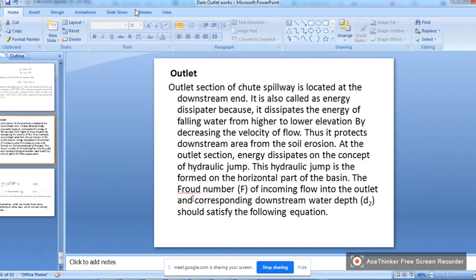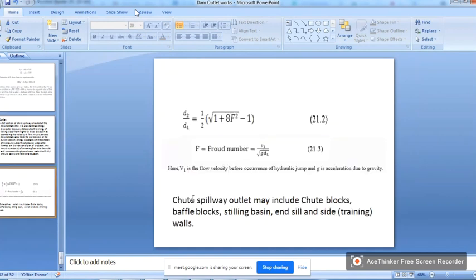So here, the design of the outlet section is based on this hydraulic jump theory that we will discuss later. A stilling basin.